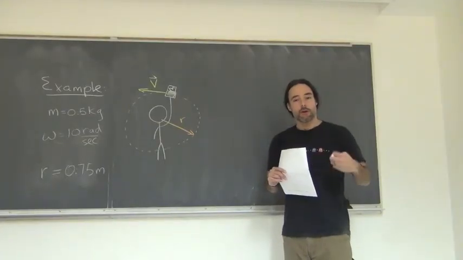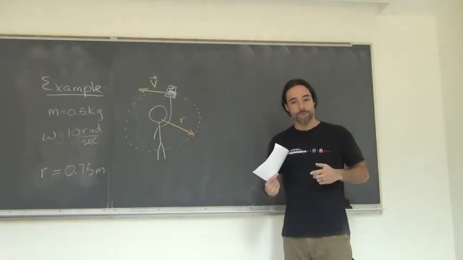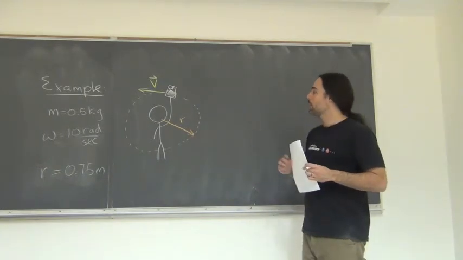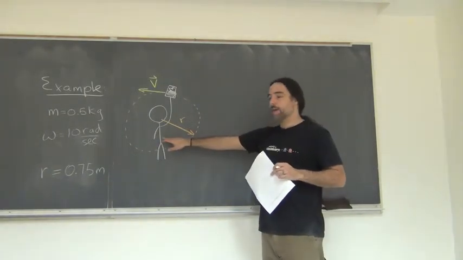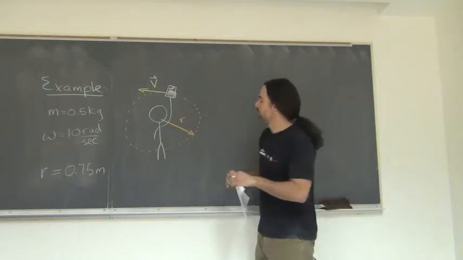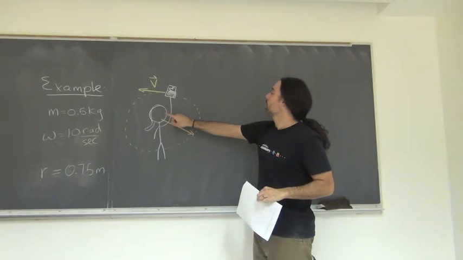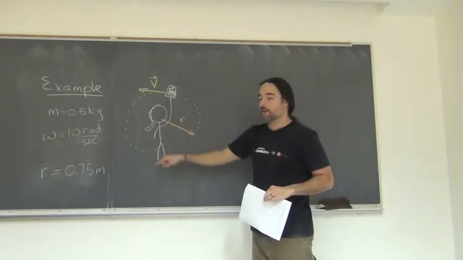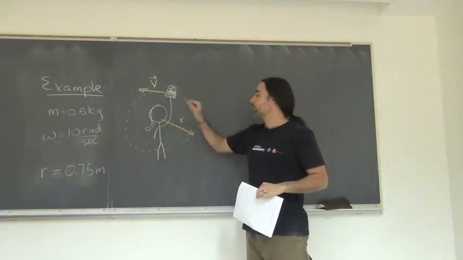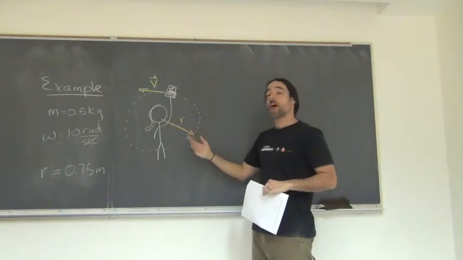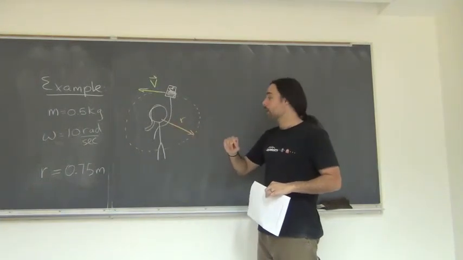Now let's see why the water didn't fall out and splash me on the head. Well, let's say here's me, and I'm spinning the cup of water around. Let's say the cup of water has some velocity, has some radius r.